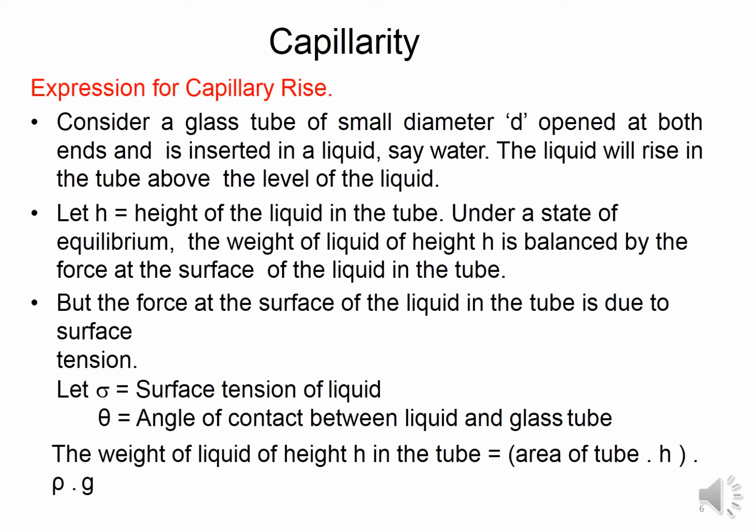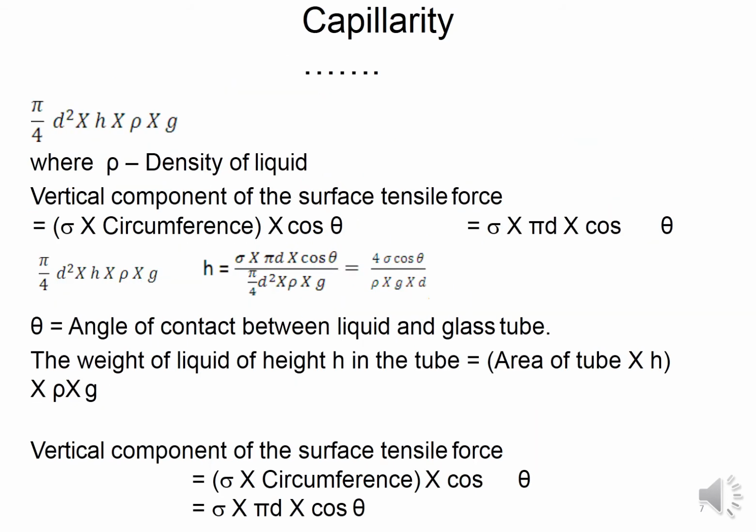Already we have discussed the difference between weight and mass. So the area is pi by 4 d square, as we take a circular tube. The height of rise is h, rho is the density of water, g is the acceleration due to gravity. If you take the vertical component of the tensile force at the surface, the weight is held by the surface tension on the circumference of the water at a certain angle, that is cos theta.